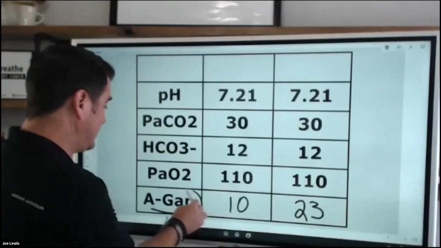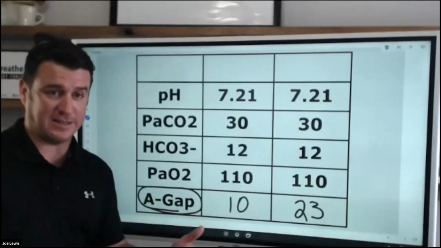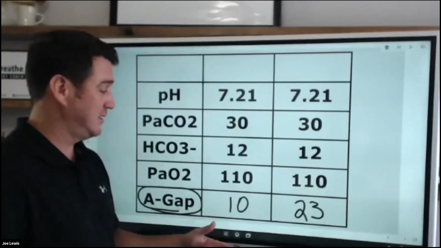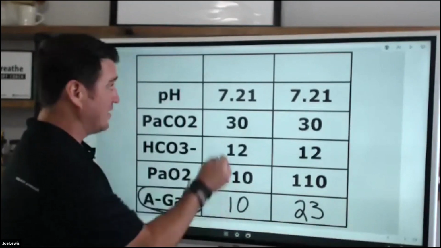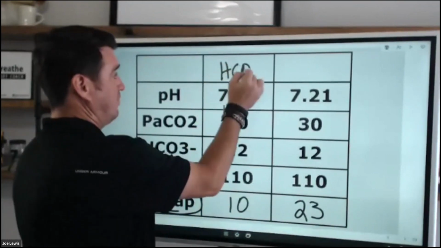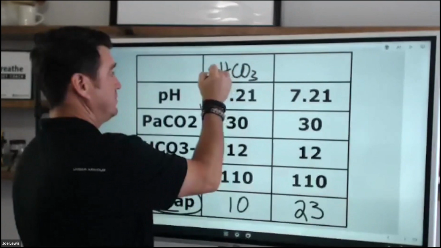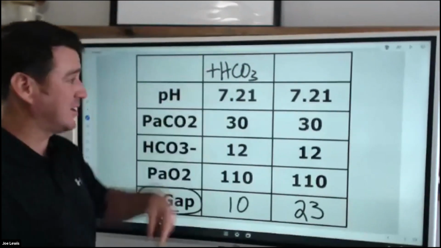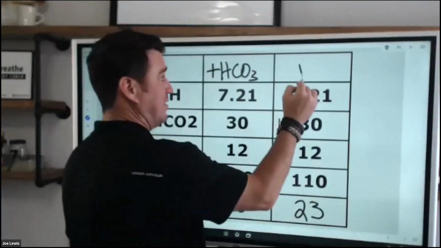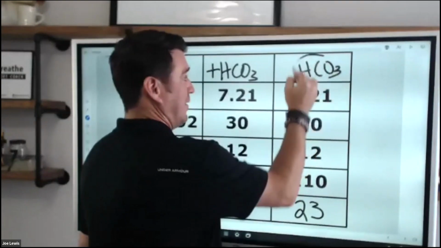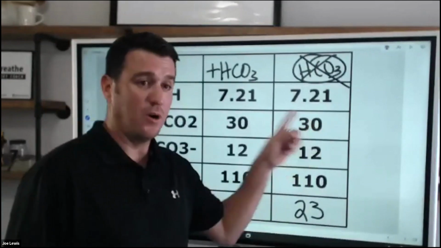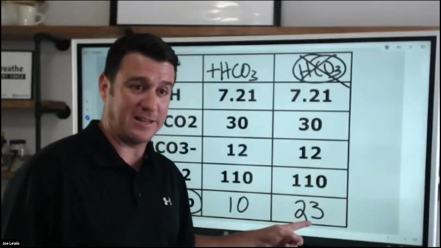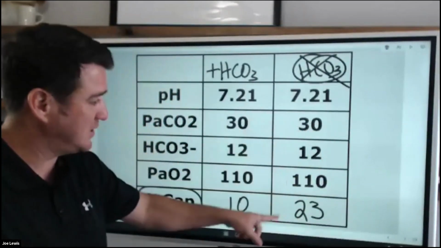But this one piece of the puzzle right here, the anion gap, gives us more information. This person here, give bicarb. This person here, bicarb is not the answer. Fix the problem. What's causing the increased anion gap? That's your solution to this patient here.